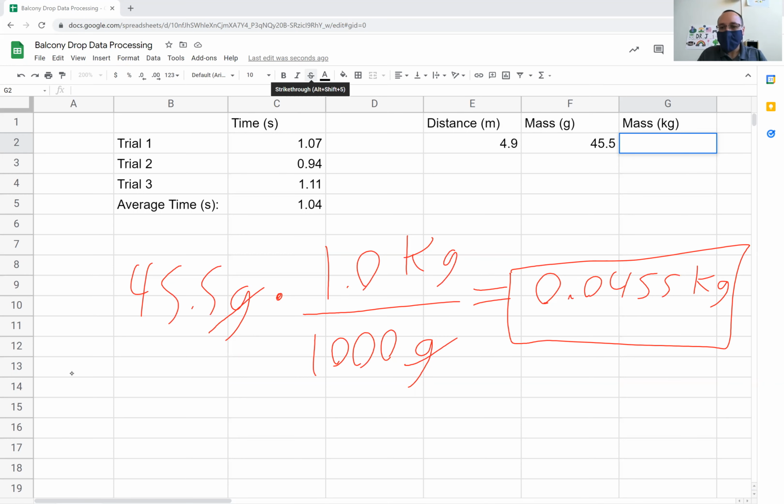So C5 to the power, and I'll draw a better caret, to the power of 2, okay? That's what we're gonna enter into our formula bar, all right? So let me go ahead and click on the cell that I want. So this, in my formula bar now, I type equals 2 times, okay, E2, all divided by C5 to the power of 2, okay?